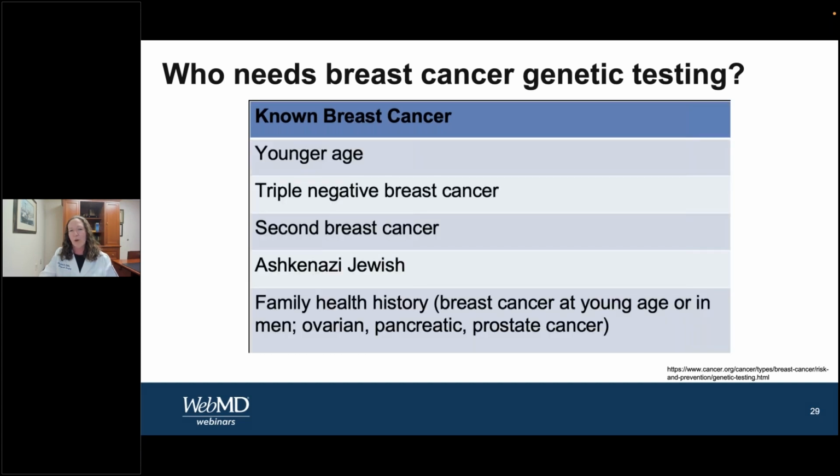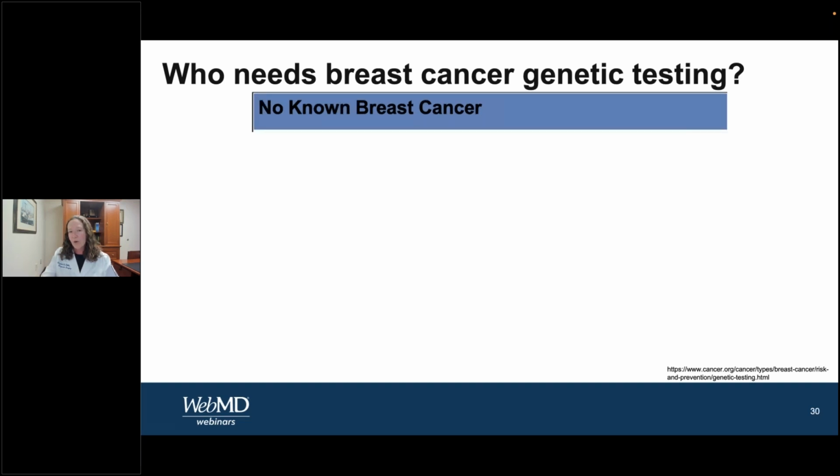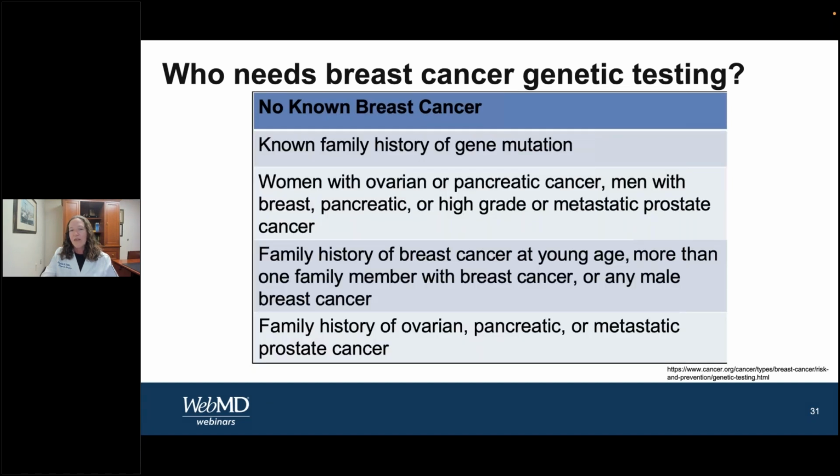There are a few scenarios where they likely would recommend it: if you were a younger age when you were diagnosed with breast cancer, if you were diagnosed with a triple negative breast cancer, which is a subtype of cancer that has no hormone receptors and no HER2 receptors, if you've heard of that, if you've been diagnosed with a second breast cancer, if you have been diagnosed with breast cancer and are of Ashkenazi Jewish heritage, or if you have certain family health history, including a known relative with breast cancer at a young age, or a known male breast cancer in your family, or a family history of ovarian, pancreatic, or prostate cancer.